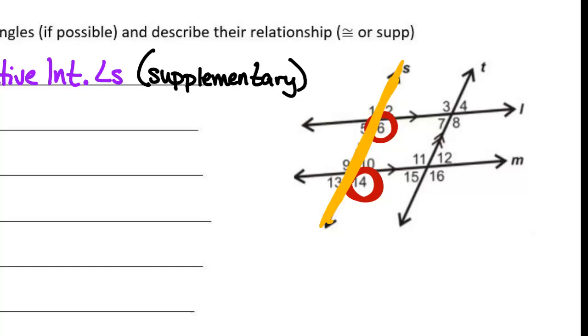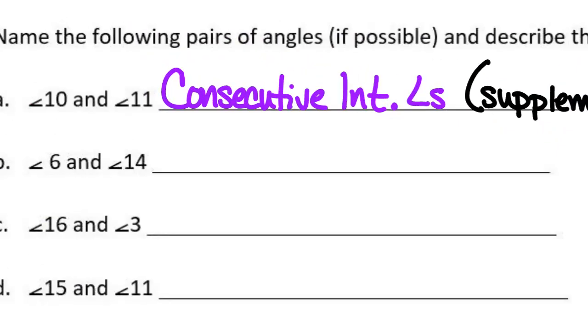What are the two lines that S is crossing? L and M. Are 6 and 14 both interior to L and M? Are they both exterior to L and M? Are they in matching corners? So what would we call them? Corresponding angles.